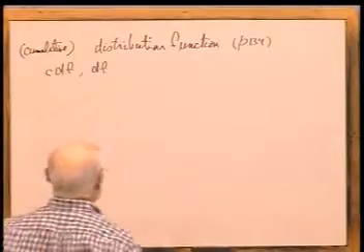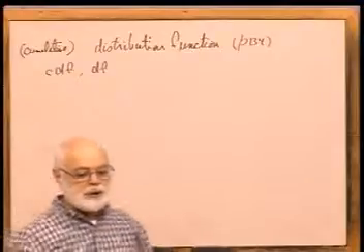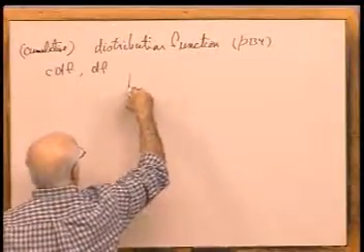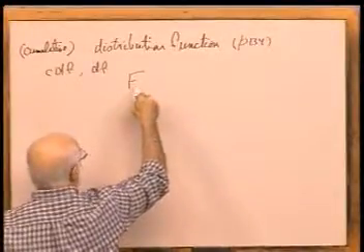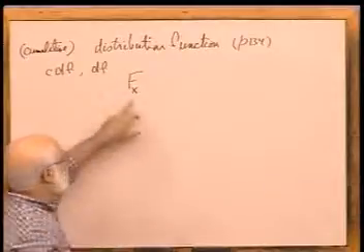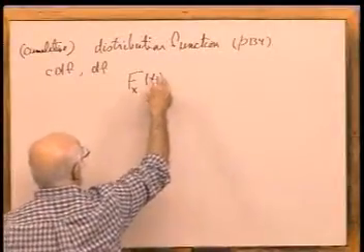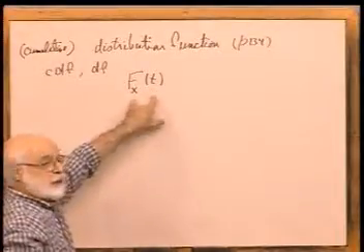And what the cumulative distribution function is, it's the sum of the probabilities. In other words, the cumulative distribution function is conventionally called big F. There's a subscript X, which is the name of the random variable, and then there's an independent variable, or a dummy variable, or an argument. So this is just notation now.